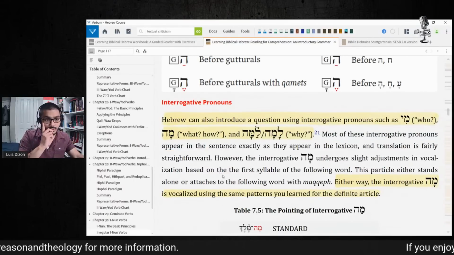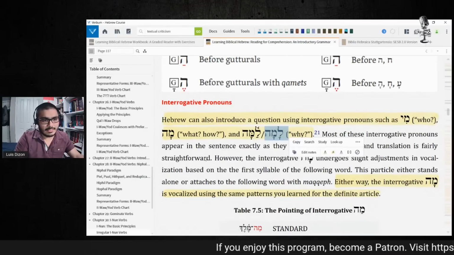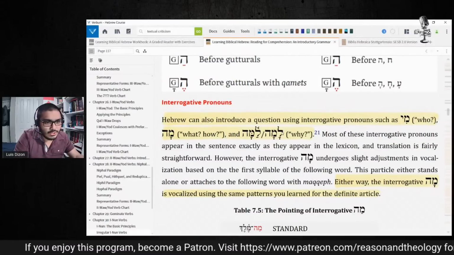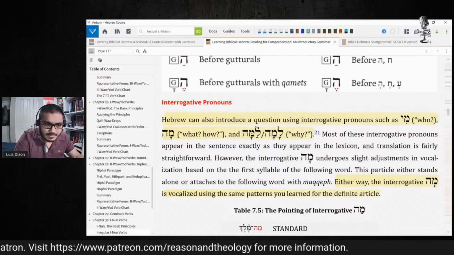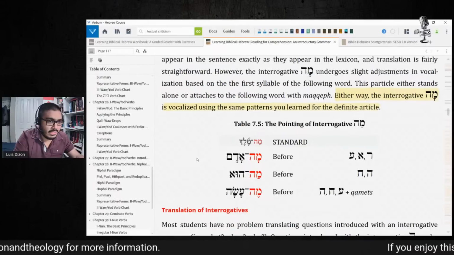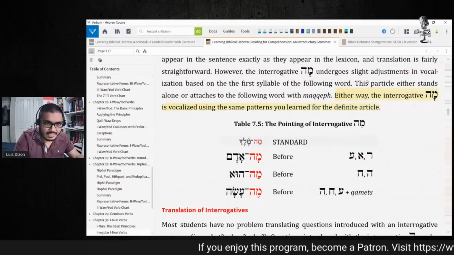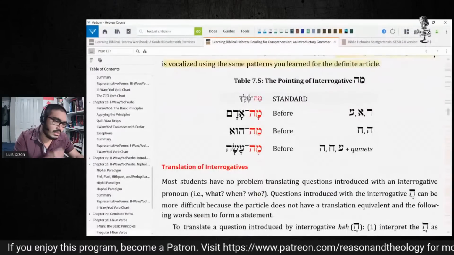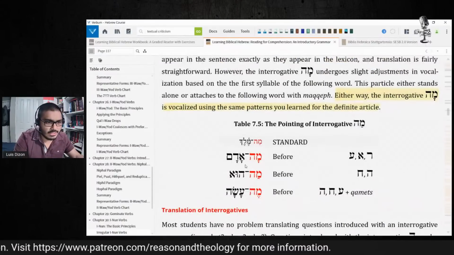I mentioned that there are compound prepositions, which are literally prepositions attached to each other. Actually, there's also this case where a preposition attaches to an interrogative. Then you have things like ay and eifo, which both mean where, and matai, which means when. Those are relatively less common. I'll show you a few less common interrogatives down the road.